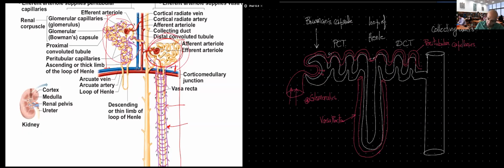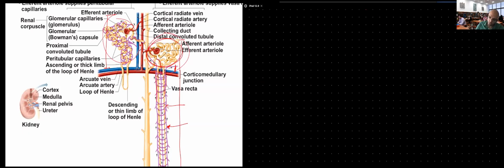If you remember, we discussed last class the structure of the filtration membrane, which is the connection between the glomerular capillaries and the Bowman's capsule. The glomerular capillaries are fenestrated capillaries.